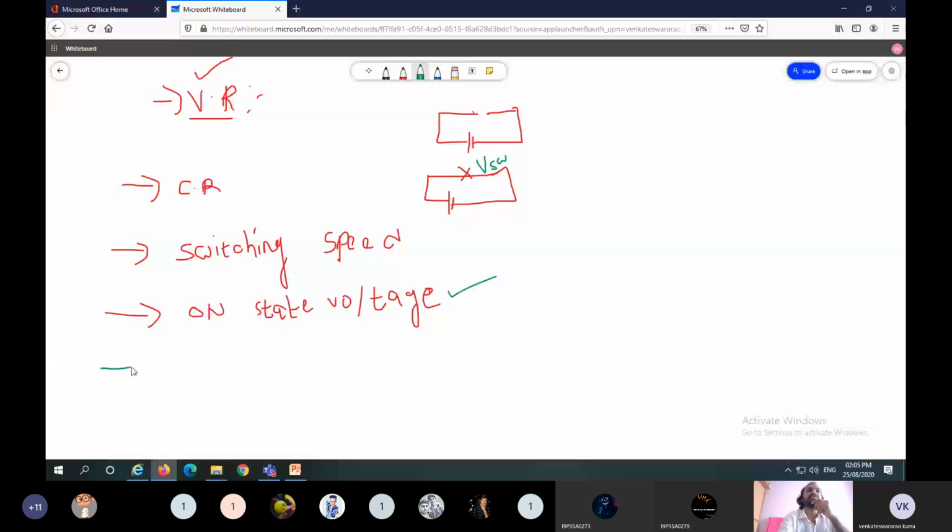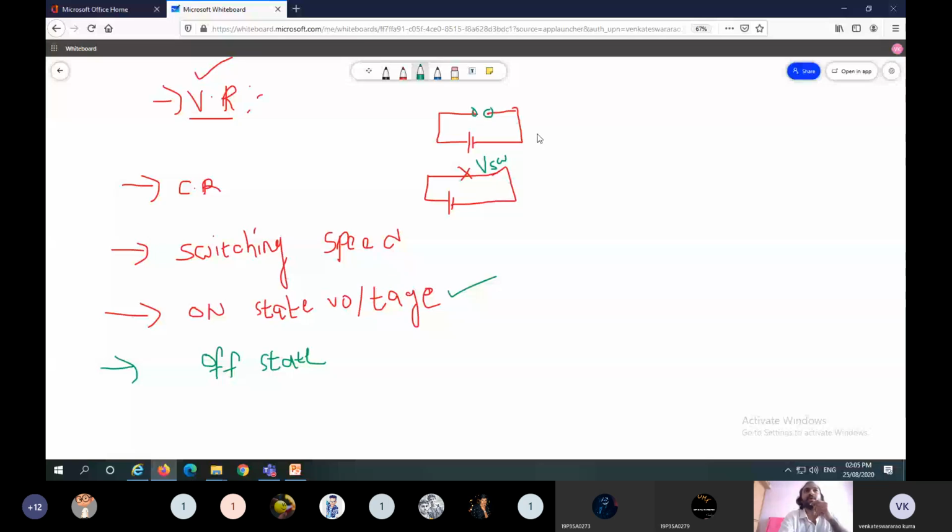Next one is off-state current. Here, during the off state also, some amount of current flows in practical devices. Coming to an ideal device, there is no flow of current, but in practical power semiconductor devices, there is some flow of current due to minority carriers, and that current is in the range of some microamperes, not milliamperes or amperes.